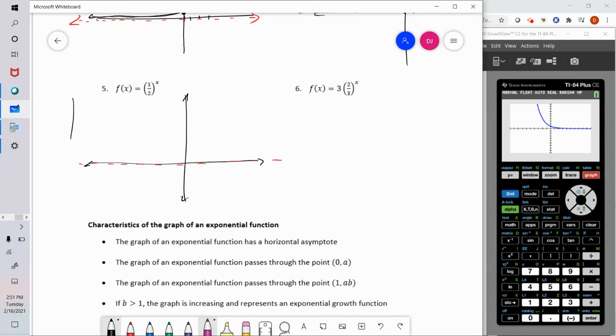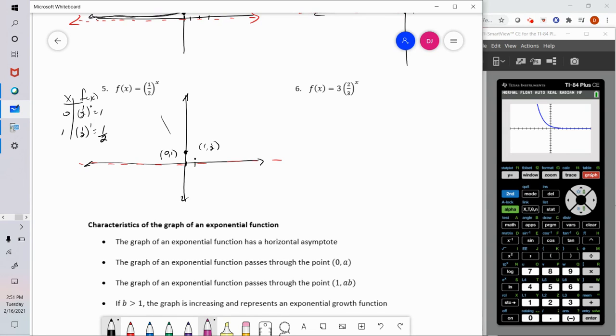But now when I go to make that table of values, if x is 0, we're going to have 1/2 to the 0, which is 1. Notice that keeps happening. And if x is 1, we're going to have 1/2 to the first, which is 1/2. So we've got (0, 1) and we've got (1, 1/2). Those are those points.